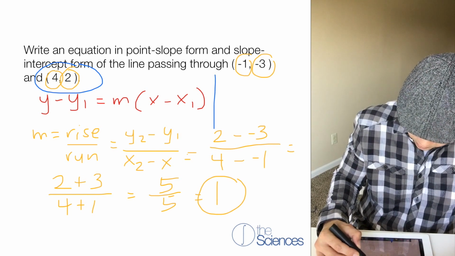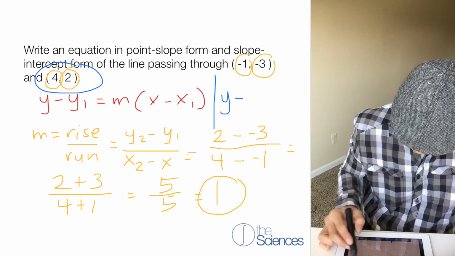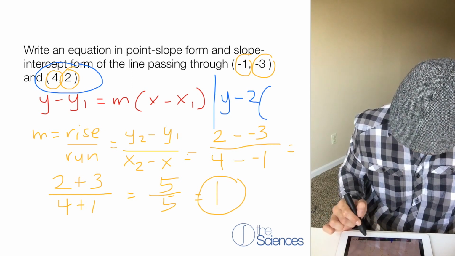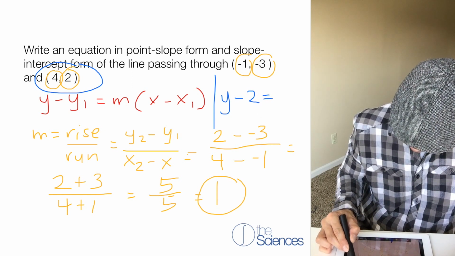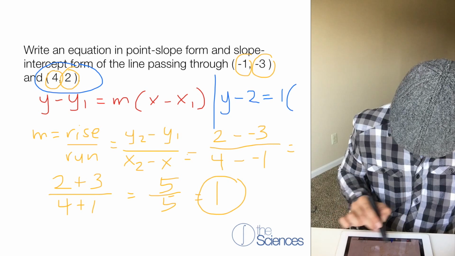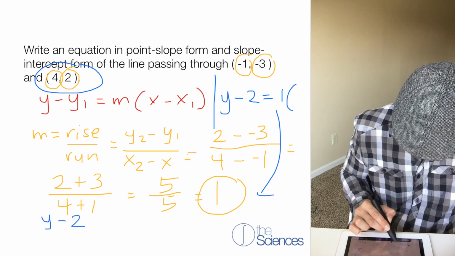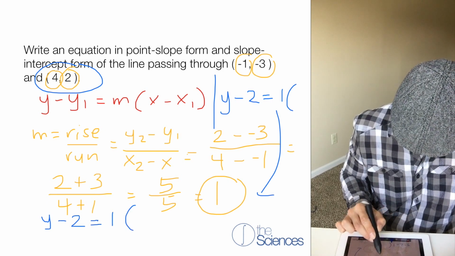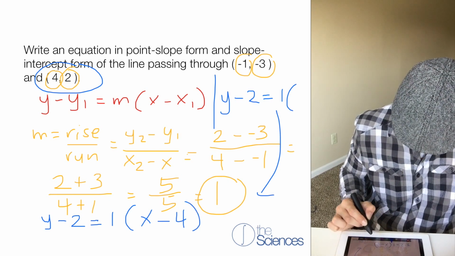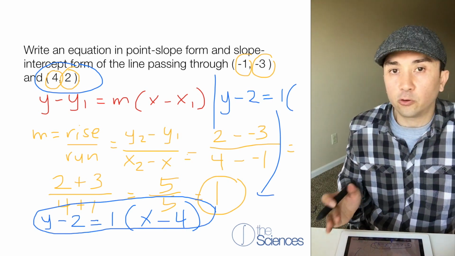So we have y minus y1, which is 2, equals 1 times x minus x1, which is 4. So y minus 2 equals 1 times x minus 4. So that's our point-slope form.